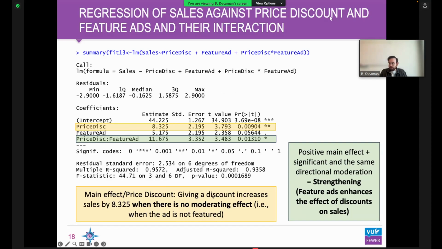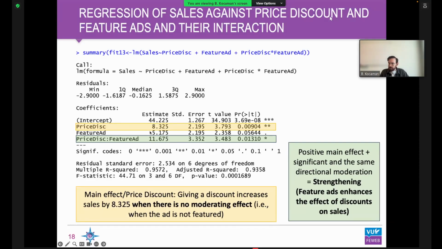And to evaluate if this moderation is strengthening or not, okay, first of all, we see that this is positive and significant, right? This moderation effect. So this multiplication is positive and significant. To evaluate if this is strengthening or weakening, we need to evaluate both the main effect and the moderation effect together.